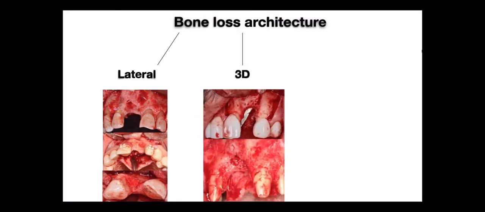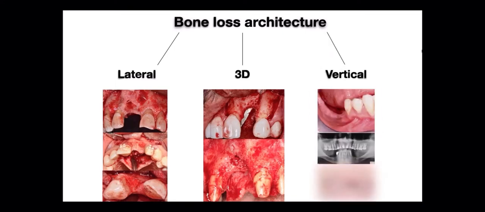We have the 3D bone loss architecture, where both tables are missing, the buccal and the lingual or the palatal at the same time. And we have the vertical bone loss, where the bone lost a lot of its presence vertically in a wide area.